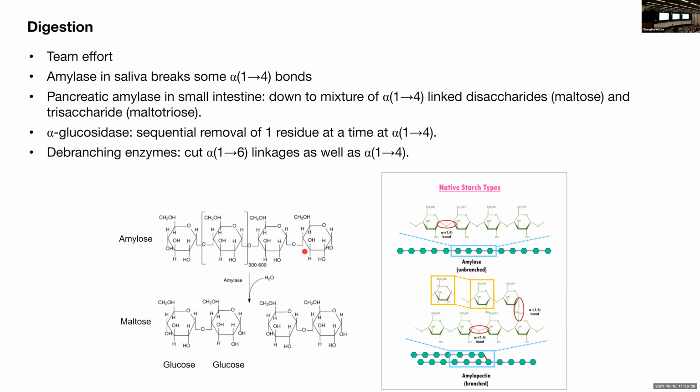Now you can use it, converting it into other molecules or just getting the energy out of that. And there are also debranching enzymes that cut the alpha 1 to 6 linkages, which are the bonds between the main chain of alpha amylose and the branches.